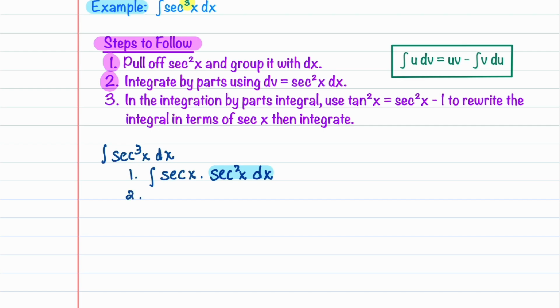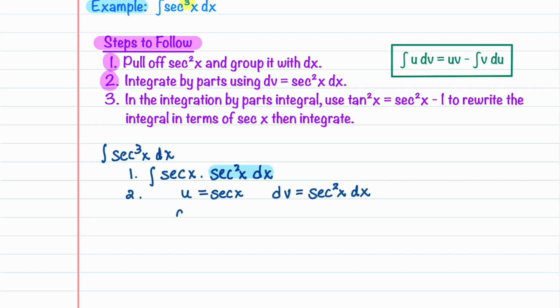So we'll put a 2 down here. We are going to let u be equal to secant x, and then dv be equal to secant² x dx. du is equal to secant x tangent x dx. And then v is the integral of secant squared, which is just tangent x.